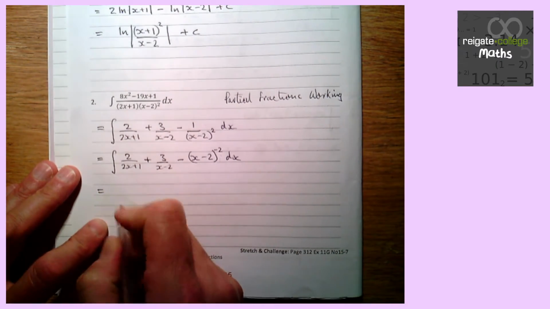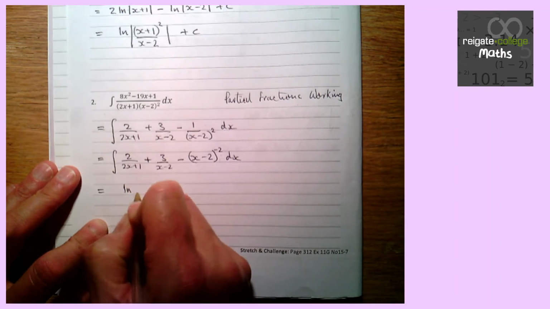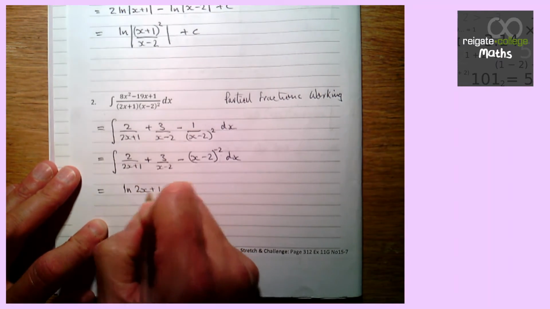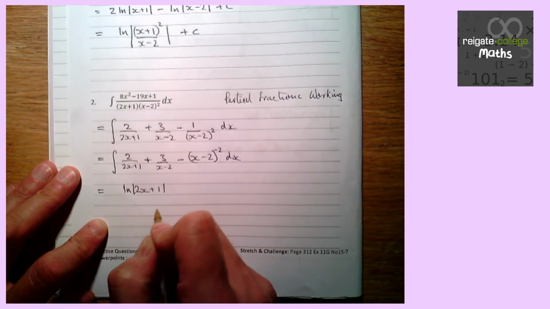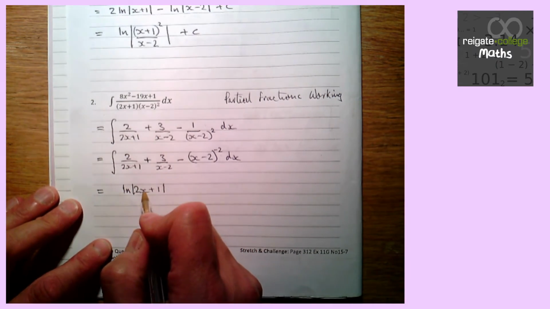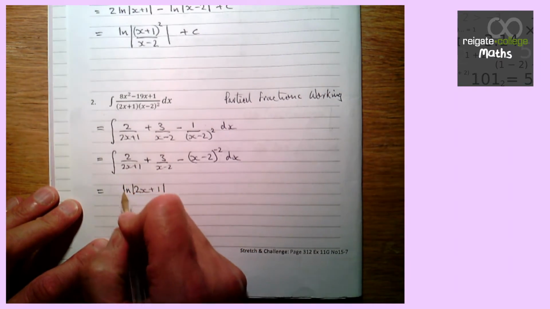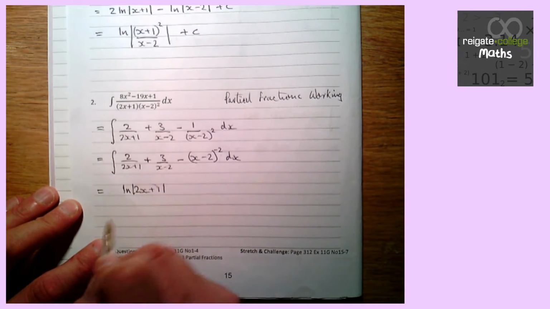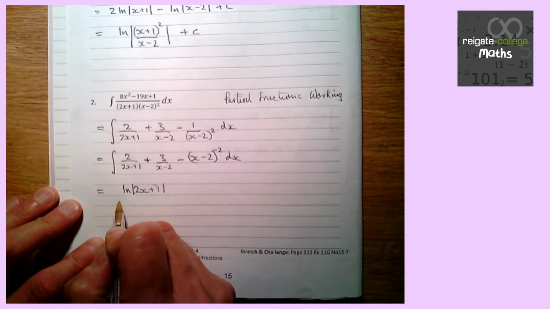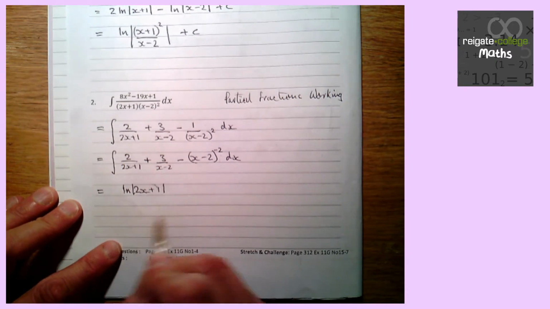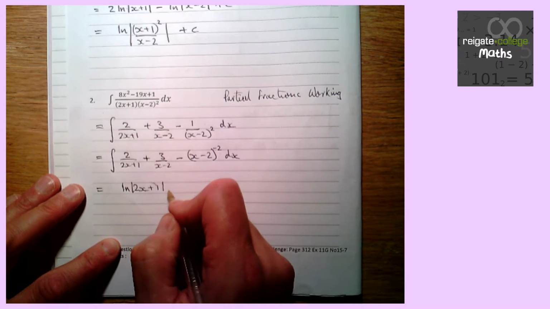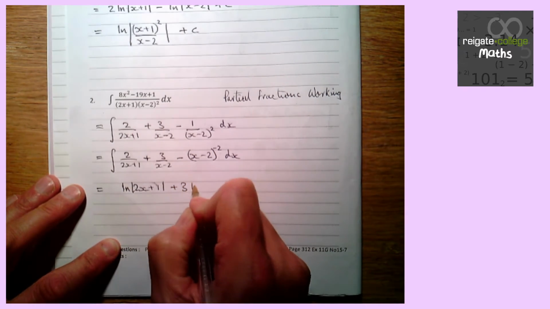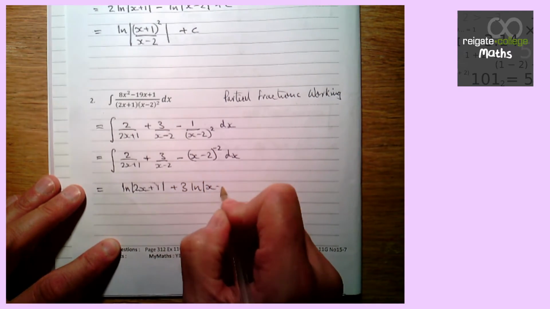So here we're going to have ln of modulus of 2x plus 1. When we differentiate that, we're going to get 1 over 2x plus 1 times 2, because we use the chain rule, differentiating the inside, so that's where that 2 comes from. So we don't need a 2 in front here. Plus 3 times ln modulus of x minus 2.